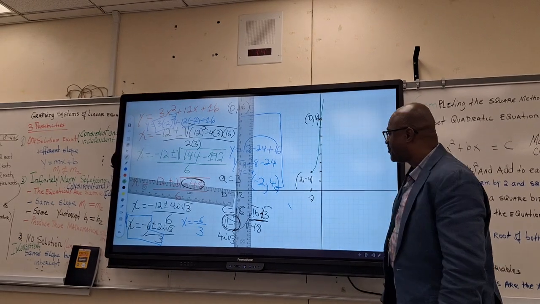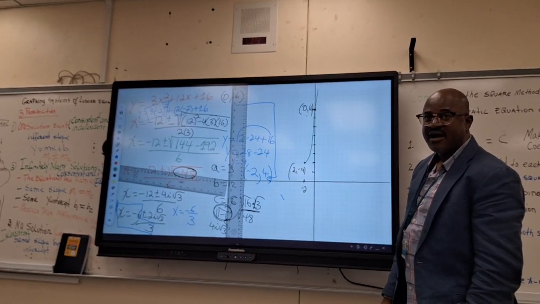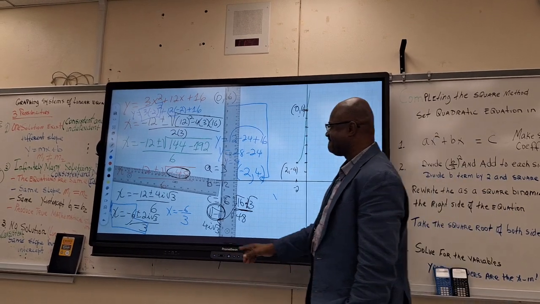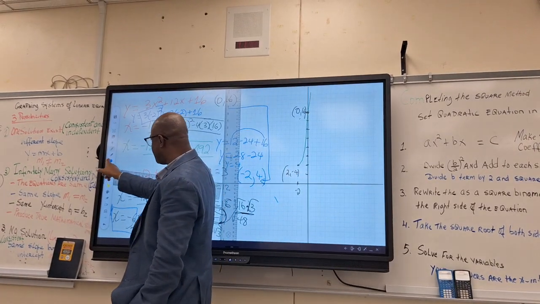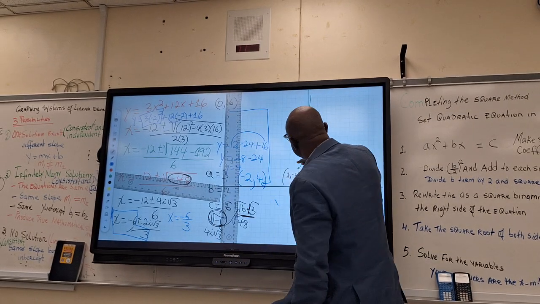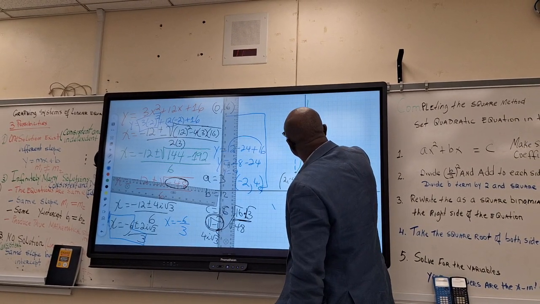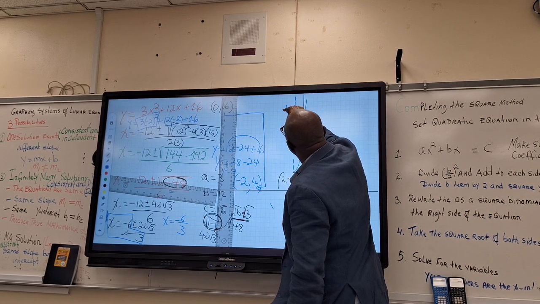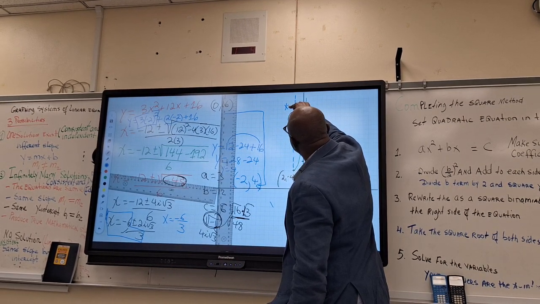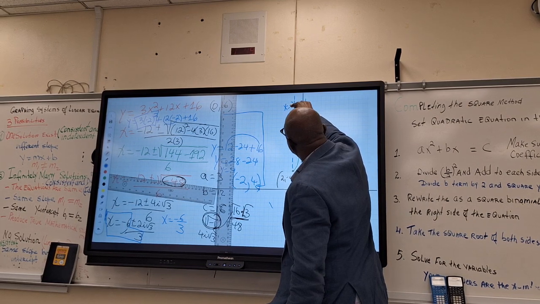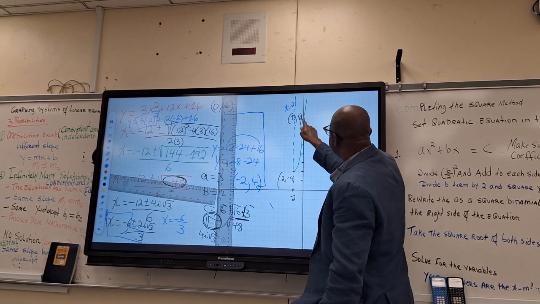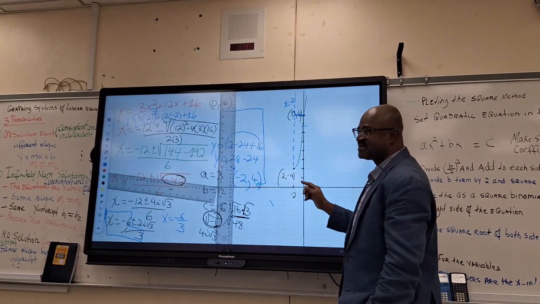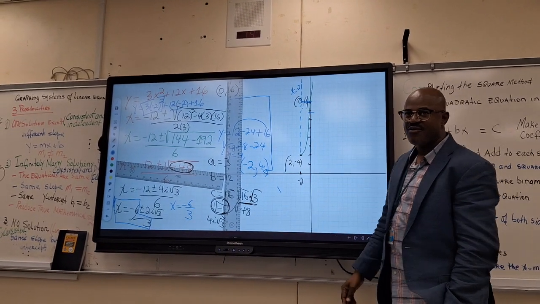Alright, to get the other parts, I have to use my axis of symmetry, right? To help me guide that. This is my axis of symmetry. x is equal to what? Negative 2. I'm going to count from here, and I need the same distance on the other side. Do you know where you will be?